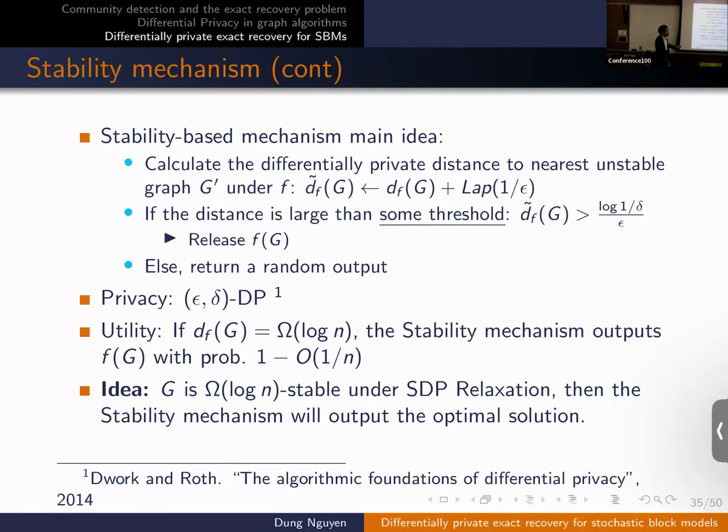So with high probability, we will release f of G. The idea is we will prove that the input graph G is log n stable under some semi-definite programming, and then the stability will take care of all the other properties. That's the main idea.